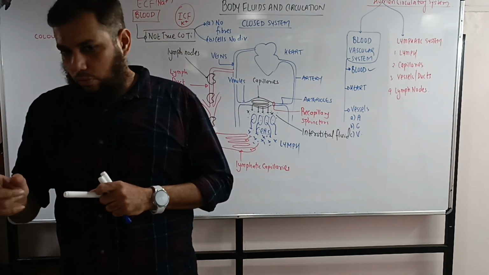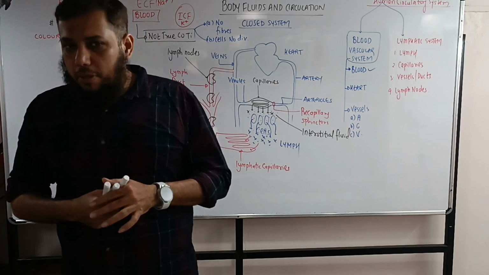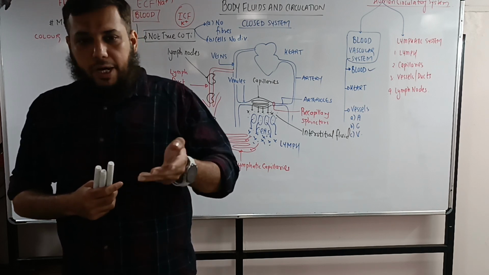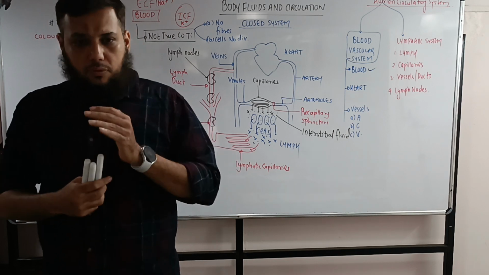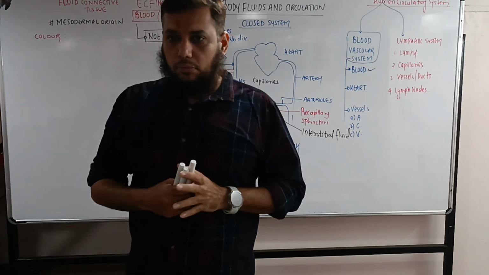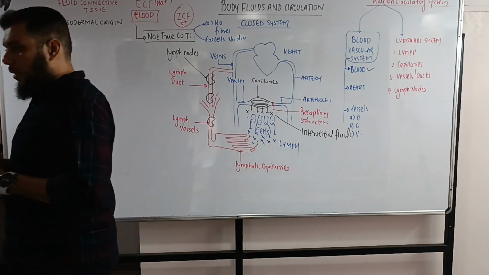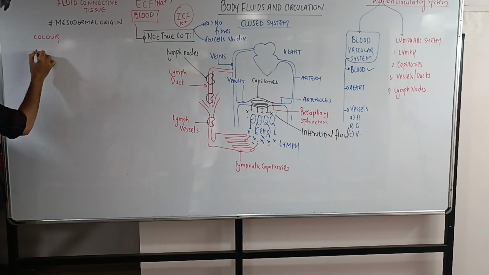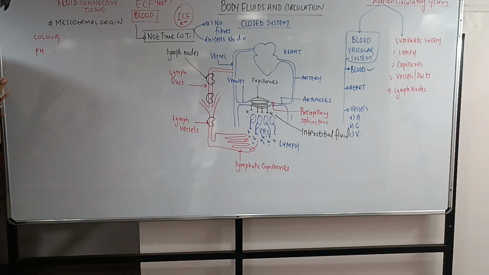The answer is no. Deoxygenated blood means that it has more carbon dioxide and less oxygen. Got my point? Now, what is the pH of human blood? It is slightly alkaline with a pH of about 7.4.